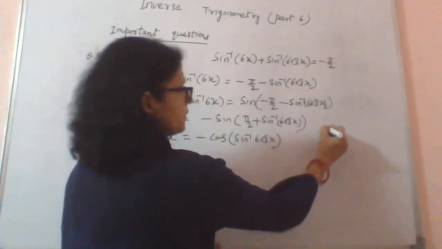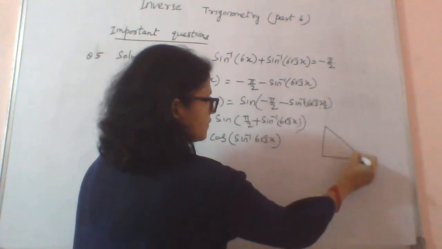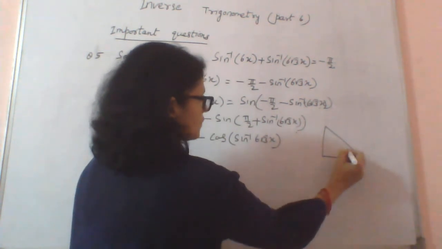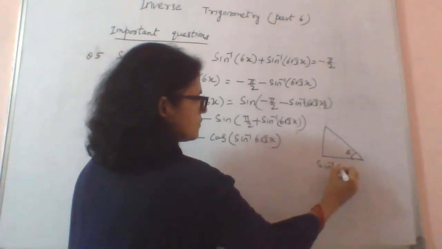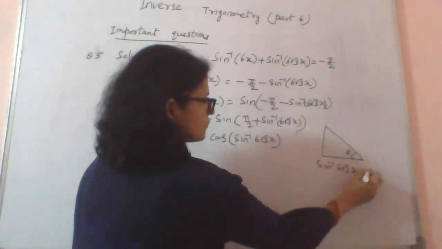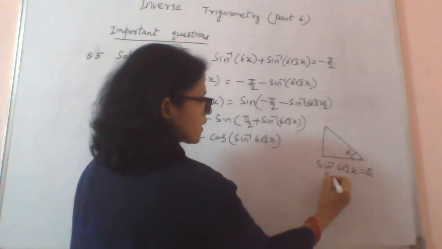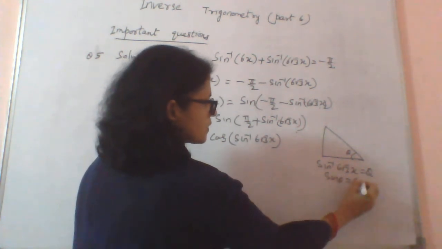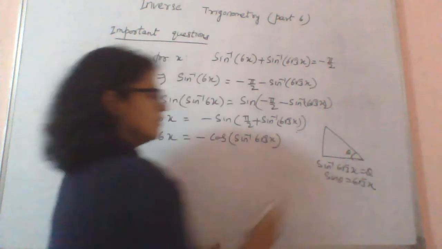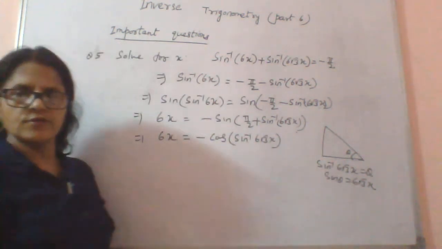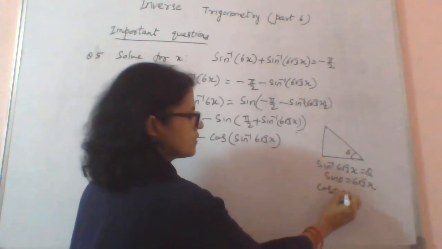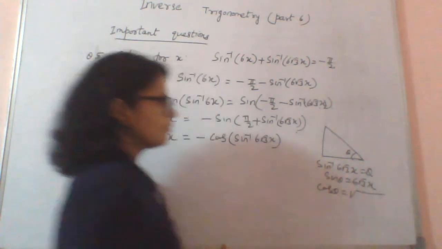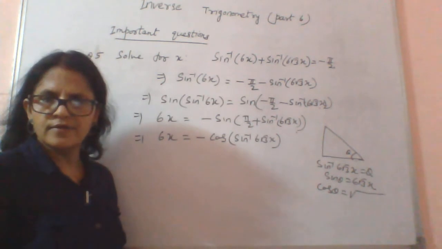Okay, so let me take the triangle conversion. So if sin inverse 6 root 3x equal to theta, now sin theta equal to 6 root 3x. We need cos. Now cos theta will be what? Even if you don't take a triangle, it is also fine, right?